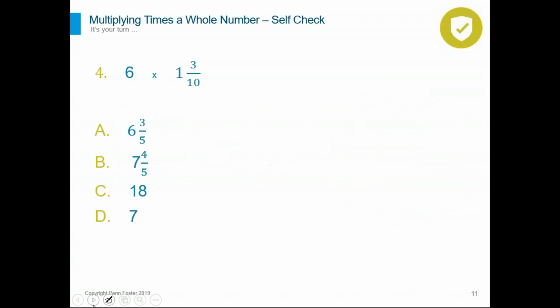Okay, let's go to a self-check. 6 times 1 and 3/10. What do you think? What should we do to prepare our question and to multiply properly? We have a whole number times a mixed number. Take your time, think about it. And here's the question so you can share your answers.